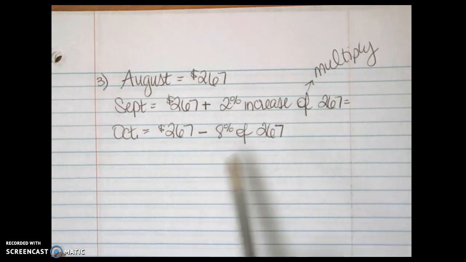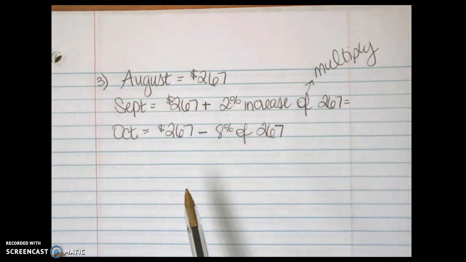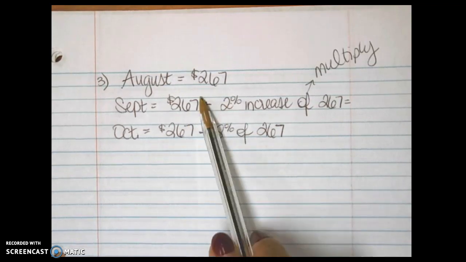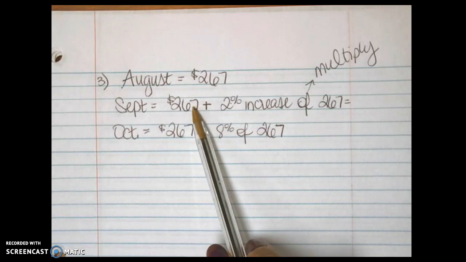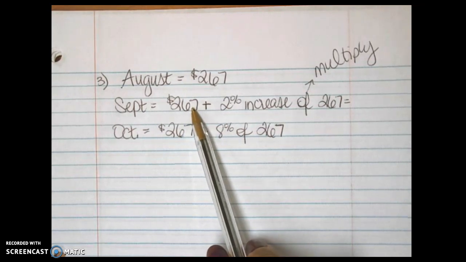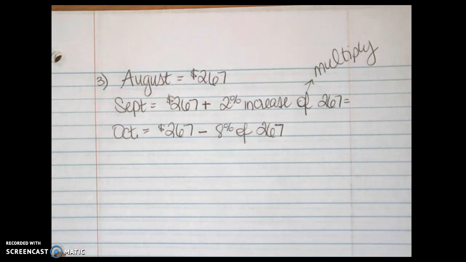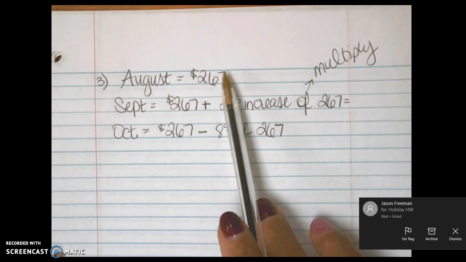So again, convert, then multiply. Get it in your head to convert each percent to a decimal and then multiply by whatever amount is given to you. Remember, if I'm given a percent, I don't need a proportion for solving this problem.